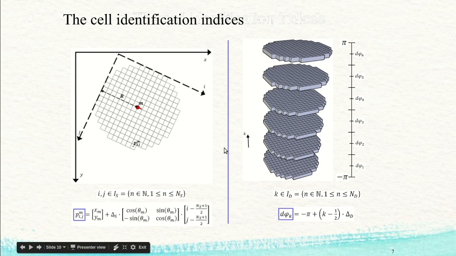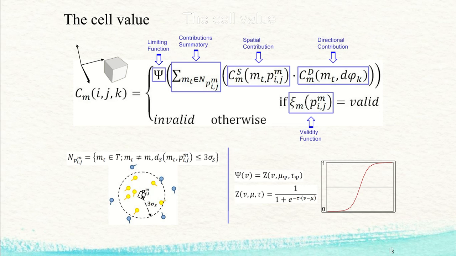For each cell, we are going to fix a point p ij, which is in the form of the minutia value, and ij, which is the center of that particular cell. Moving to the next point, this is the cell value.